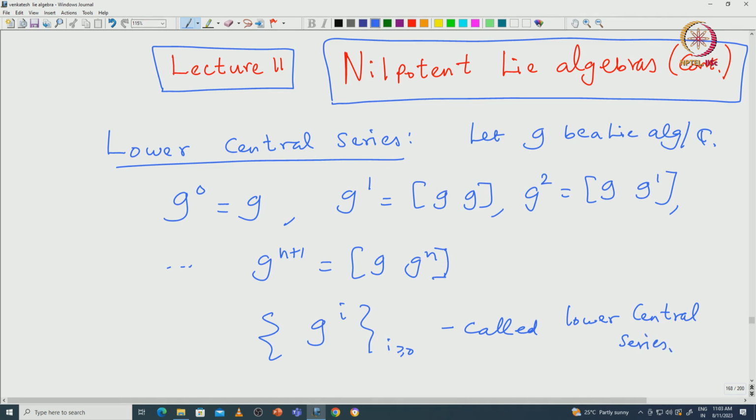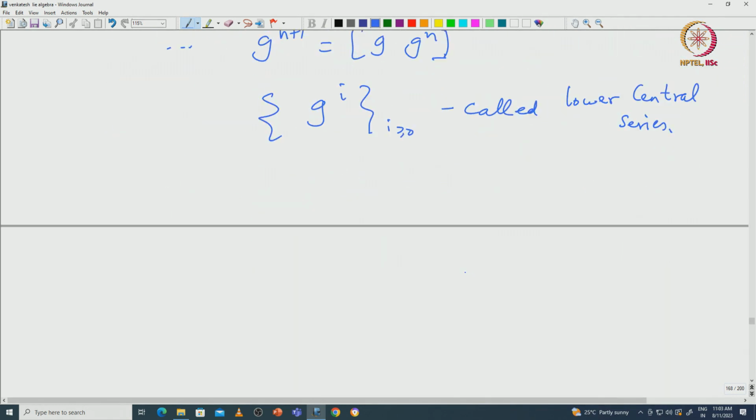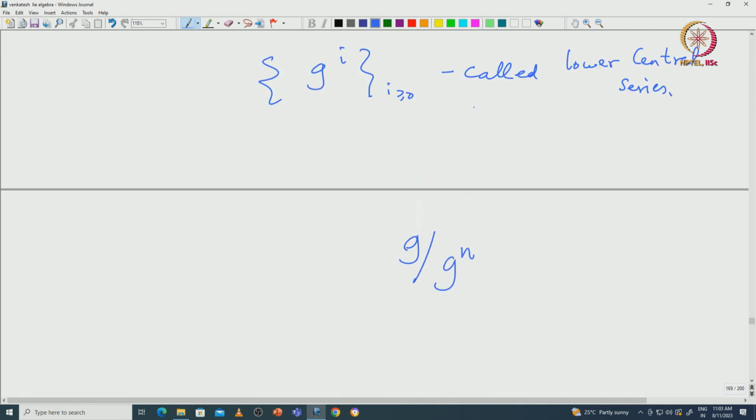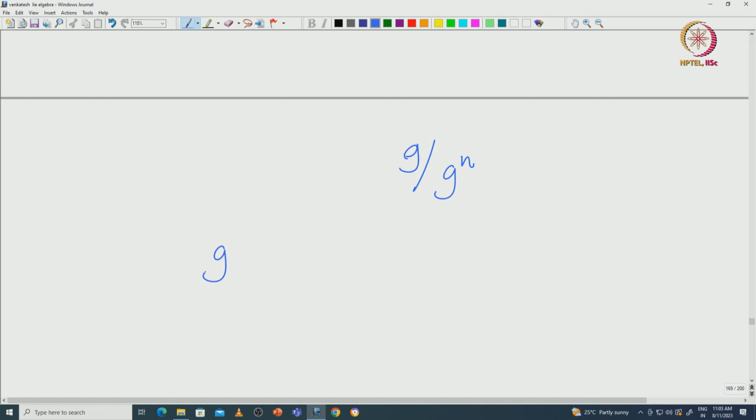Because if you think about it, if you take g and go modulo g^n, then what is the definition of g^(n+1)? So, g^(n+1) is actually equal to [g, g^n].